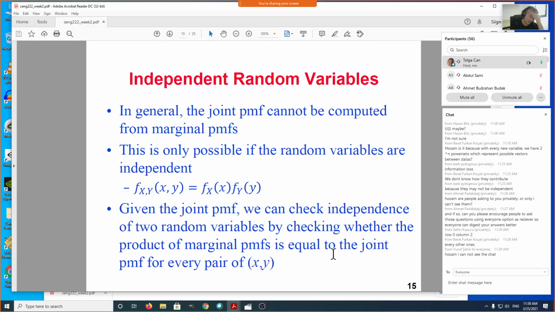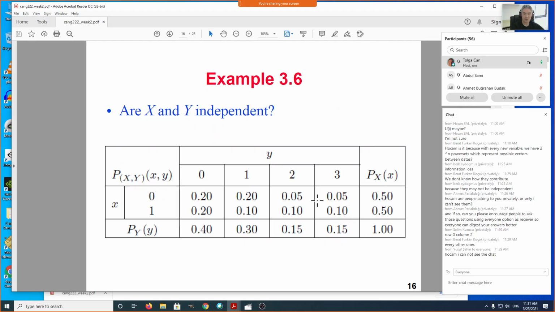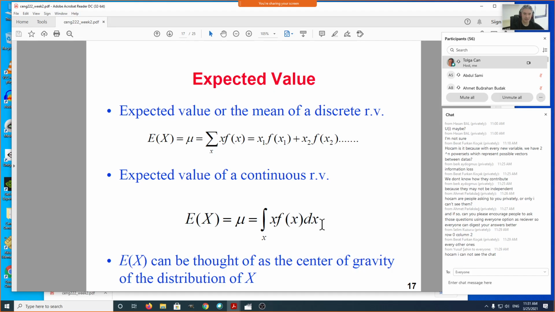And this was the question that I asked you, whether it's possible to get the joint probability distribution from individual distributions. And this is only possible when we have independent random variables. Okay, we talked over this example. I think it's a good way to stop now.